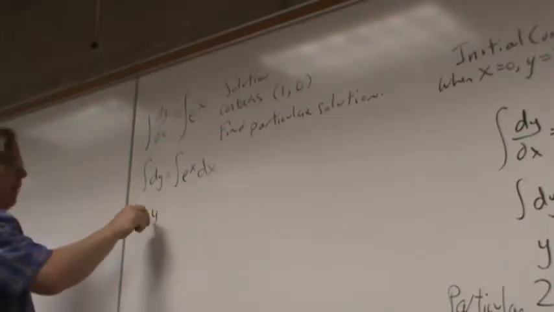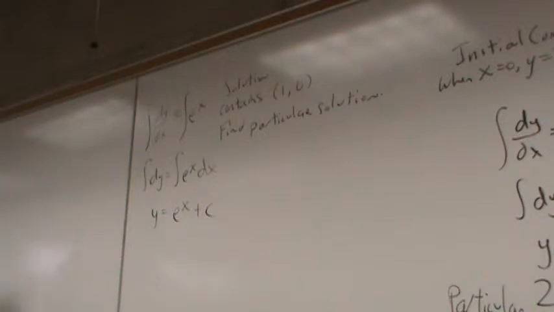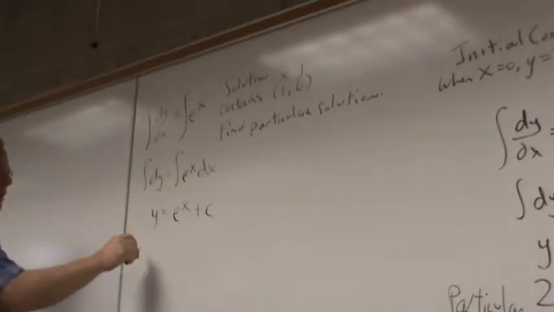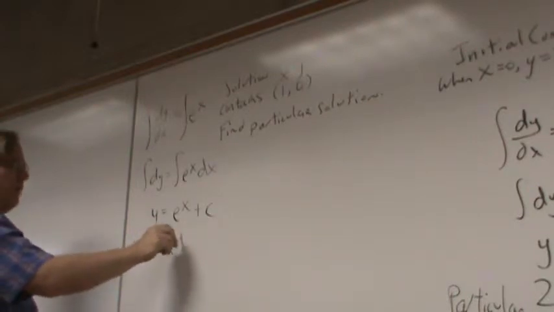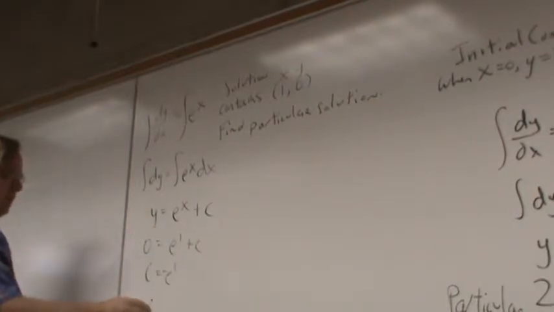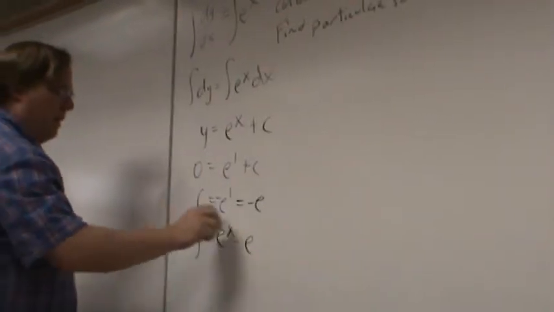Then you get y equals e to the x, because the antiderivative of e to the x is e to the x plus c. I stick in a 0 for y and a 1 for x, and I get c equaling negative e to the first, or just negative e if you prefer. And so my y ends up being e to the x minus e. There's my particular solution.